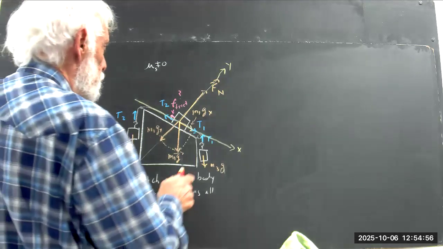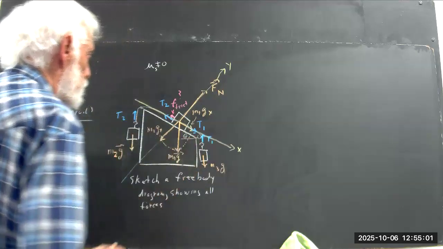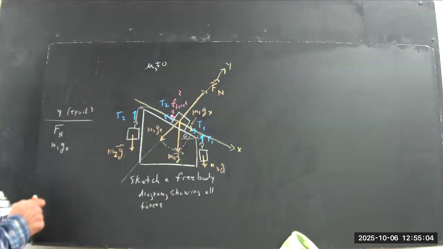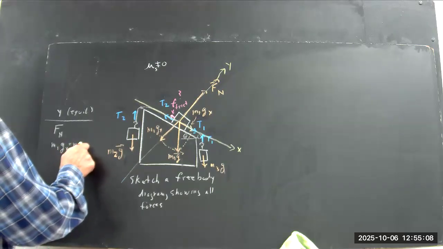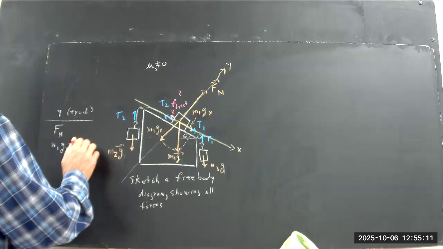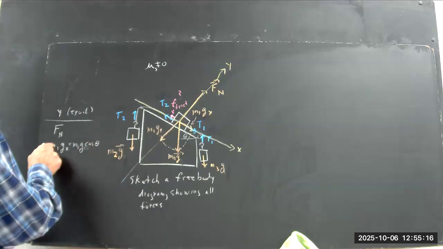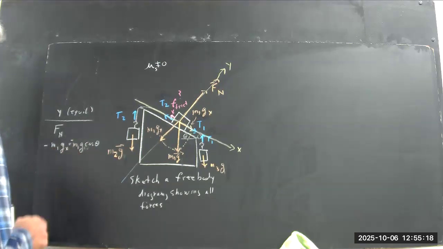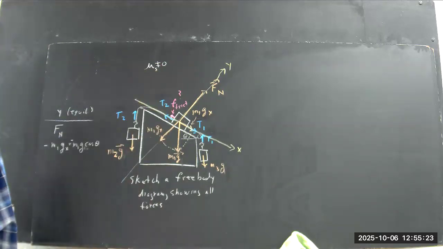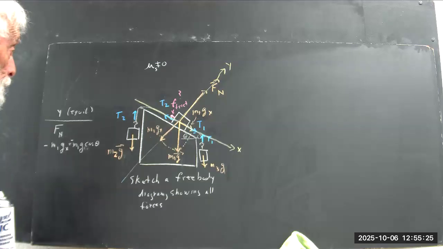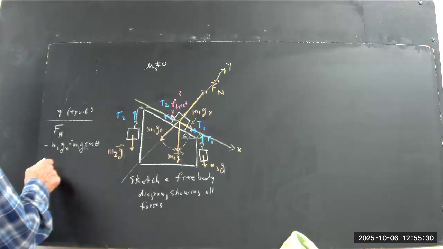If we have an angle theta, we would then probably say that that force is in the negative Y direction. Normal force is in the positive Y direction. And then we would have T1 X component.